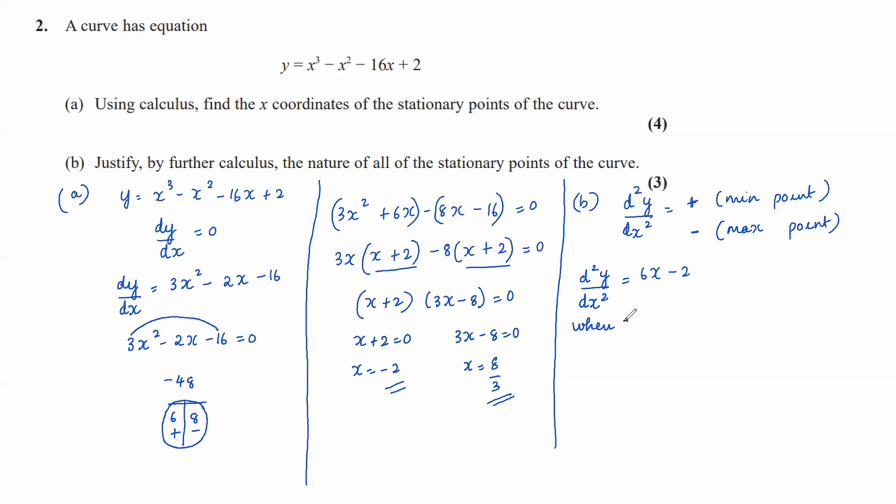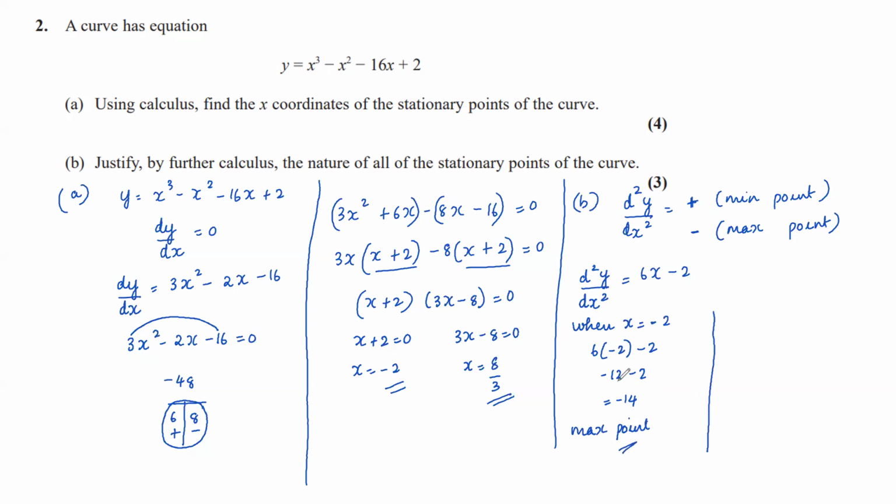So when x is equal to minus 2, substitute here: 6 into minus 2 is minus 12, minus 2 which is minus 14, a negative number. If it's negative, we know it is a maximum point. So when x is equal to minus 2, it is a maximum point.